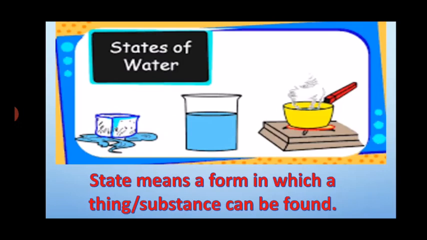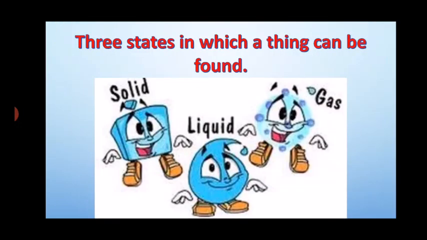Okay. Let us look at the three states in which anything can be found. So anything that you can see around yourself can be found in three states. It could be solid, it could be liquid, or it could be in the gaseous state.